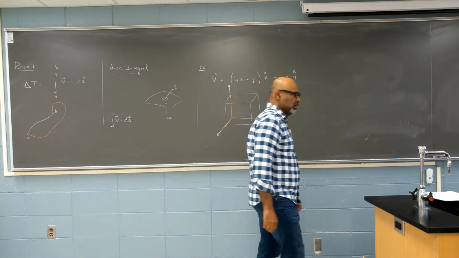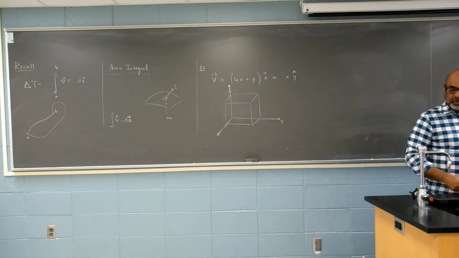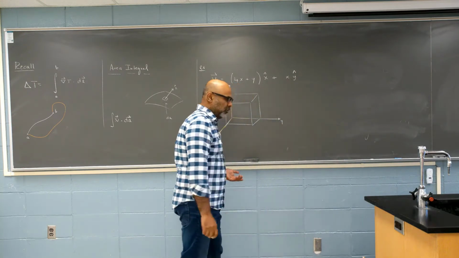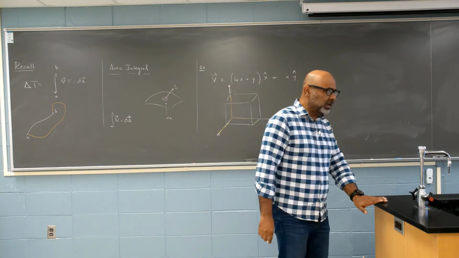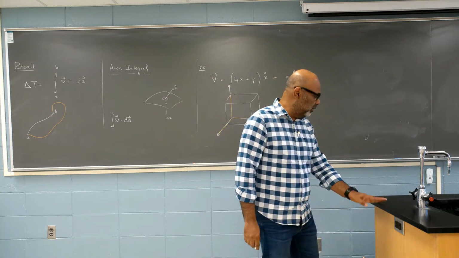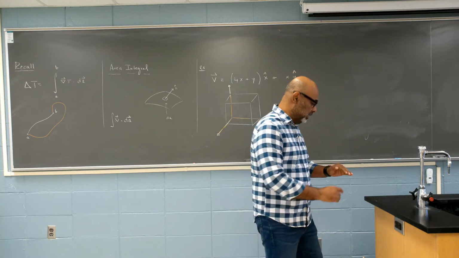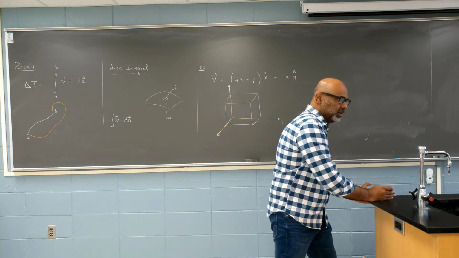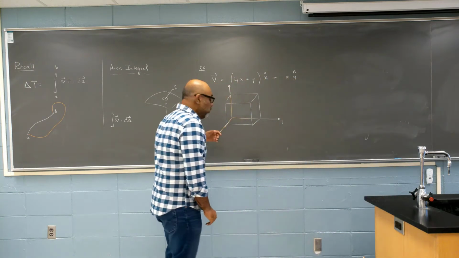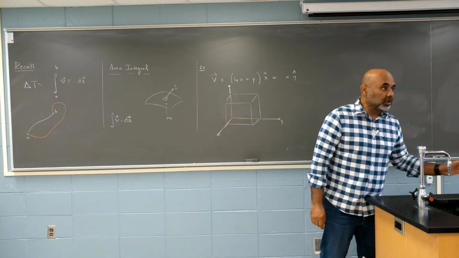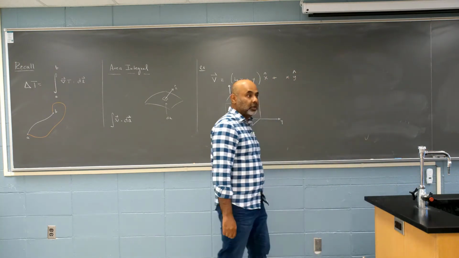As we do this example, mine is only a two-dimensional drawing, so I want you to think of this as the x-axis, this side of the table, this as my y-axis, this as my z-axis. And imagine a cube sitting here. Now, I'm doing an area integral, which means I have to integrate over all the surfaces of the cube.